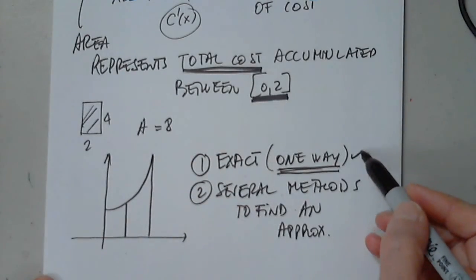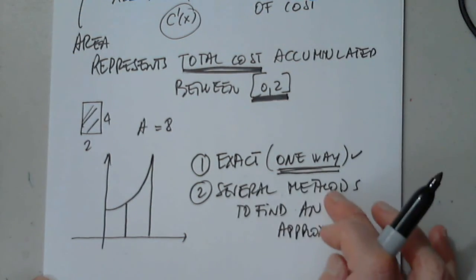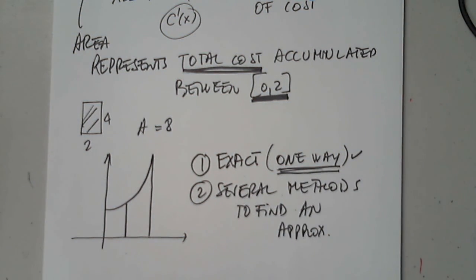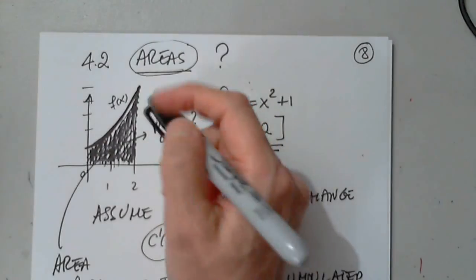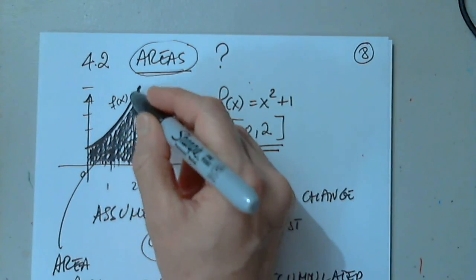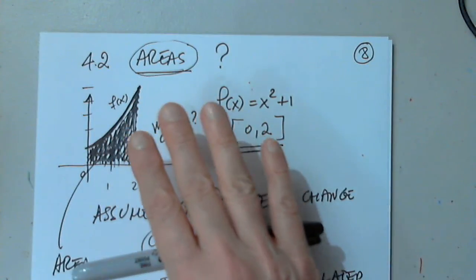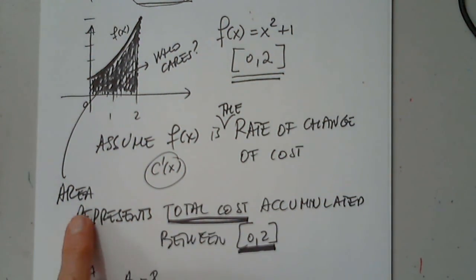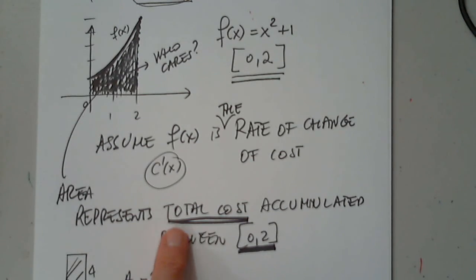Right now we don't know how to find this yet. So we're going to look at some ways of approximating the area. If I approximate the area, it represents the approximate, not the exact, the approximate total cost accumulated between such and such.